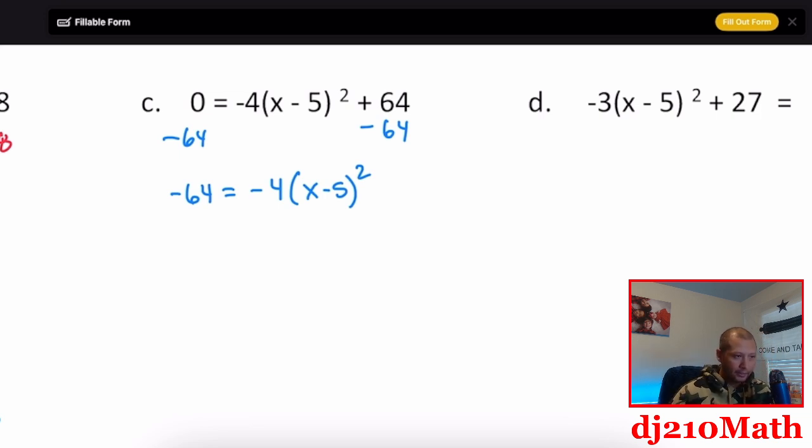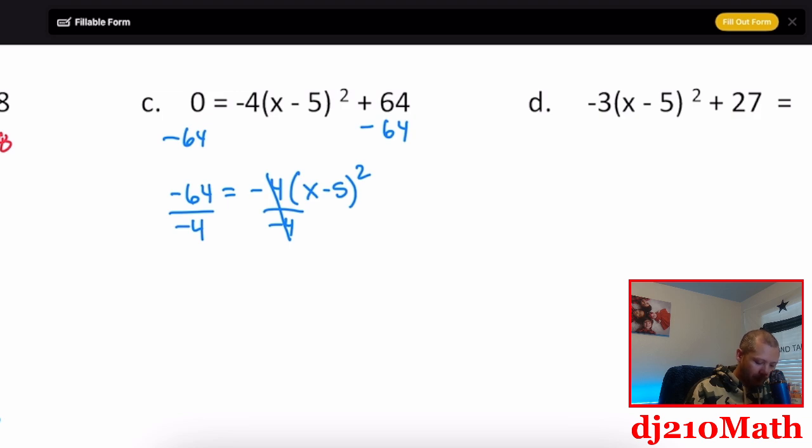Okay, here I wouldn't suggest taking the square root first. Always try to start outside of the parentheses, right? Because it's just better. So 64 divided by 4. Negative divided by negative is a positive.